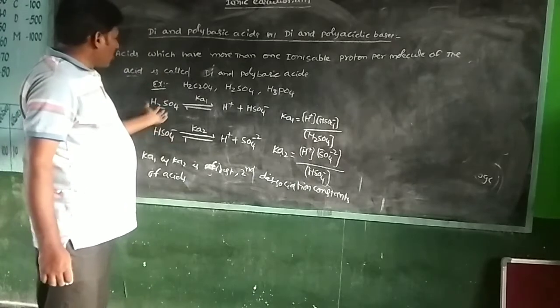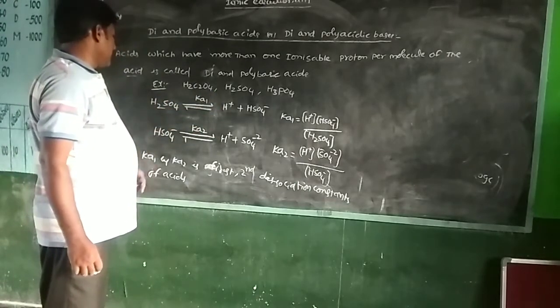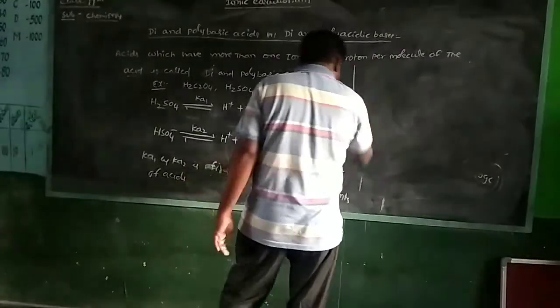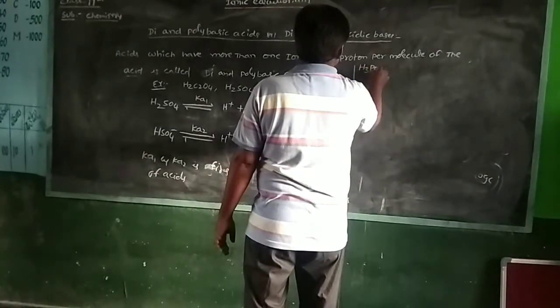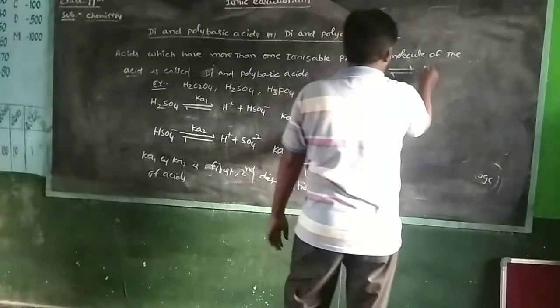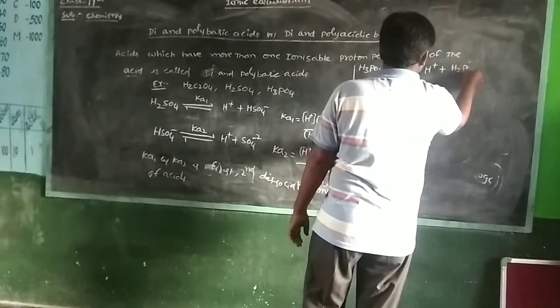Acids which have more than one ionizable proton per molecule of the acid are called polybasic acids; this one is a dibasic acid. Another example: H3PO4 gives H plus and H2PO4 minus.